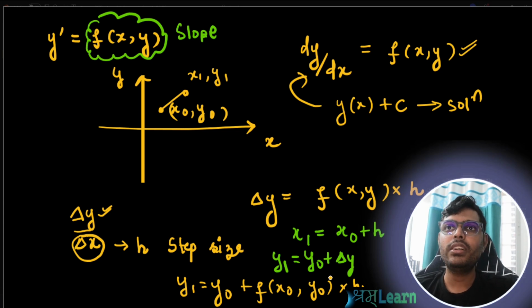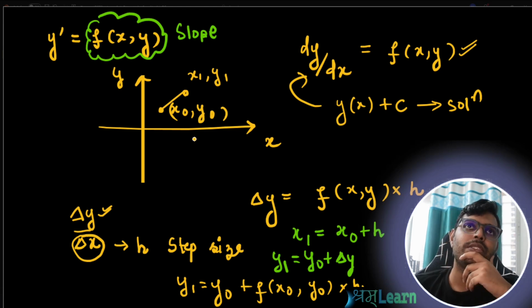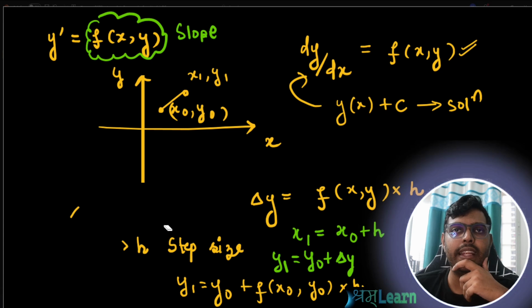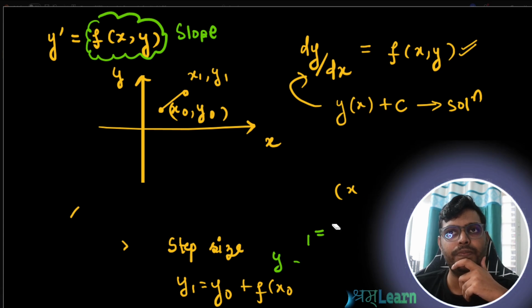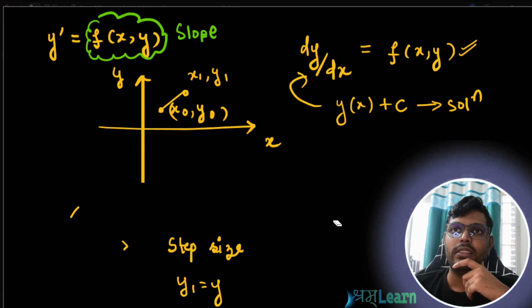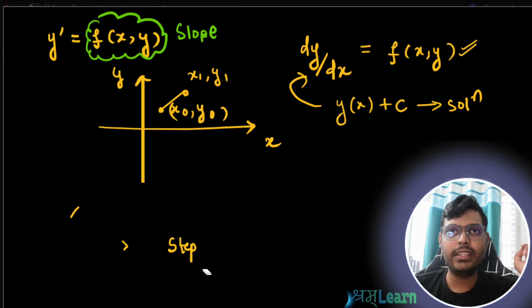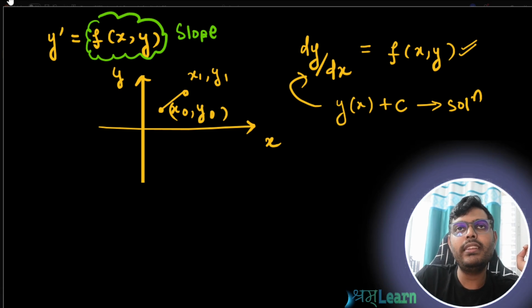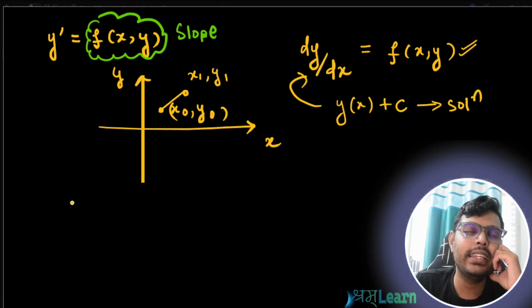So can we arrive at a general solution? Yes. The general solution is we have to iteratively find. Please try to understand this general solution. So what did we say?